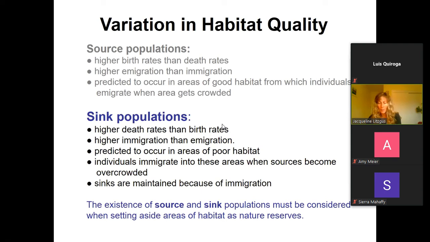If source populations are not maintained and you set up a reserve where there's just a bunch of sinks, then the species we want to preserve is just going to die out because there's not enough resources in those poor quality habitats. So that is something very much to consider when setting aside nature preserves for a particular species.